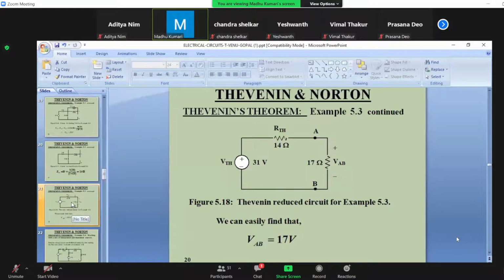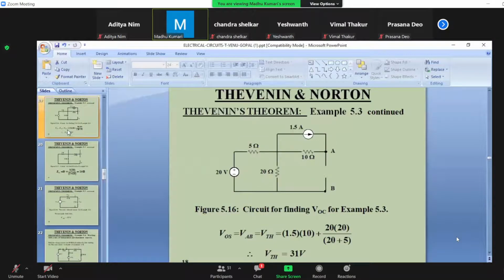What is the VThevenin? VThevenin, did you calculate? 2.6 volt.